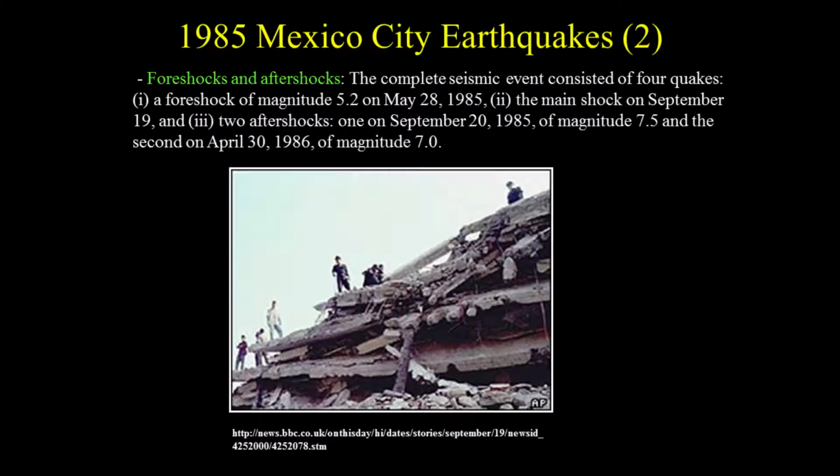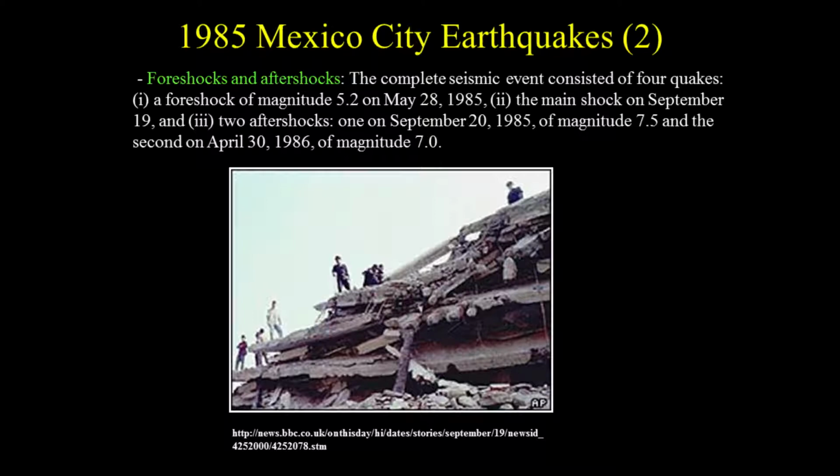The complete seismic event included 4 quakes: a foreshock of magnitude 5.2 on May 28, 1985, the main shock on September 19th, and 2 aftershocks, one on September 20th, 1985, of magnitude 7.5, and the second on April 30th, 1986, of magnitude 7.